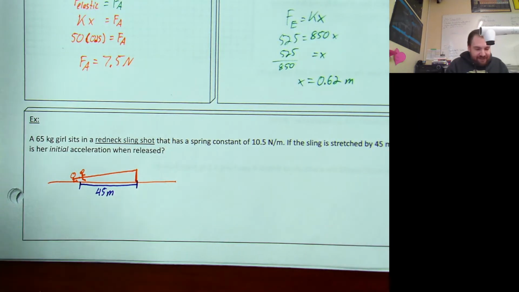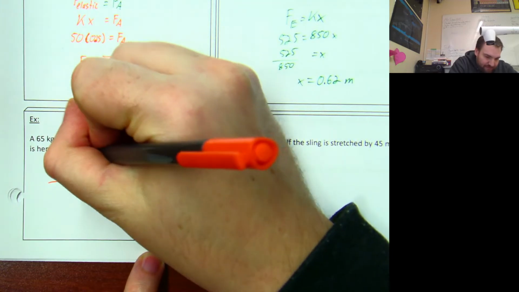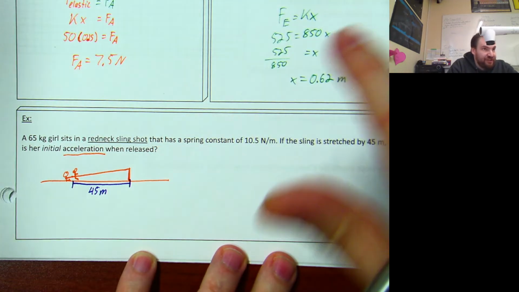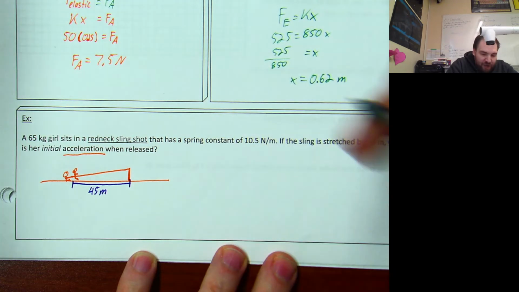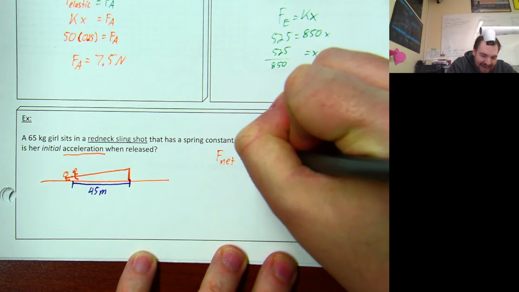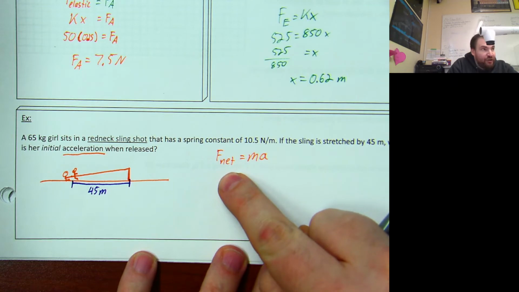Okay, so the question is, what is her initial acceleration? Well, if we want initial acceleration, we're going to have to apply what we now are seeing in Hooke's law to F equals ma. So now we've got F net equals ma, and this is the a I want to find. Now, the net force, the force acting on her in the direction of motion, is going to be what?